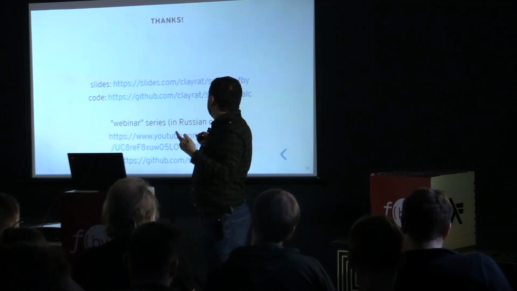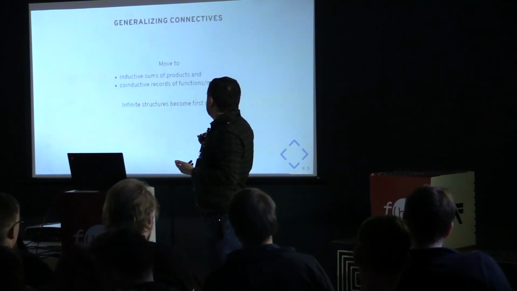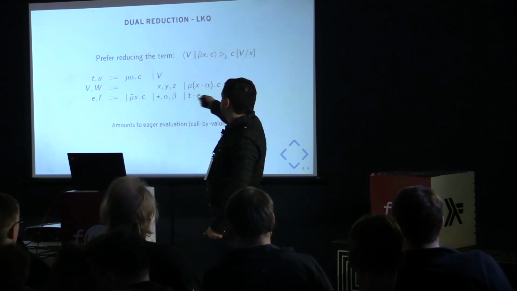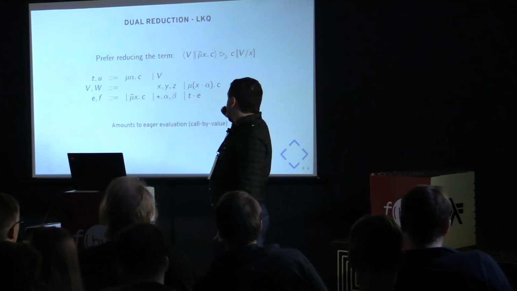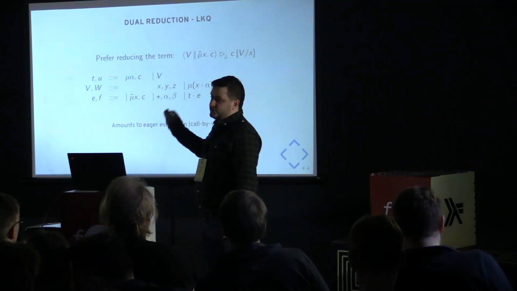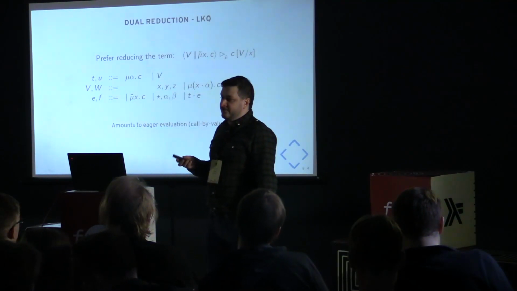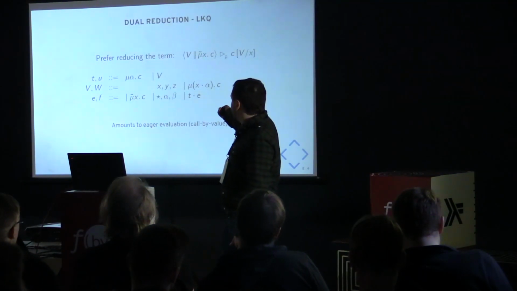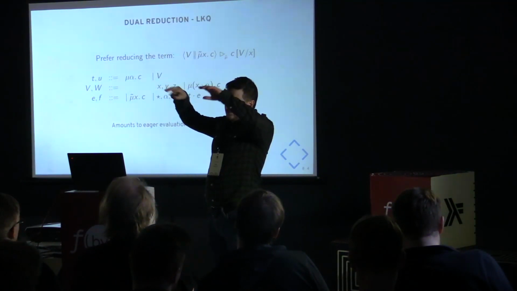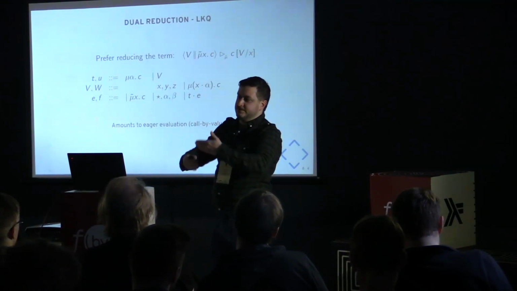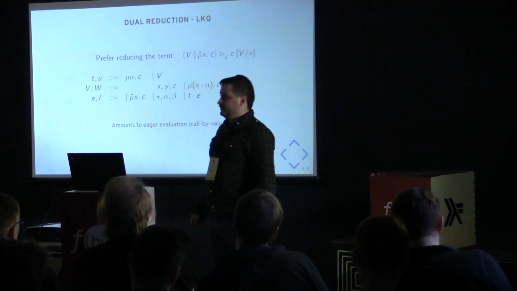If you take this LKQ calculus and try to actually write a translation from lambda calculus to this thing, then you would be forced to deal with values, and to make a long story short, this amounts to a transformation to ANF normal form for a compiler. So as I said, you probably wouldn't want to write in sequent calculus as a top language. It's something that you would use to have a formally verified compiler or something like this.